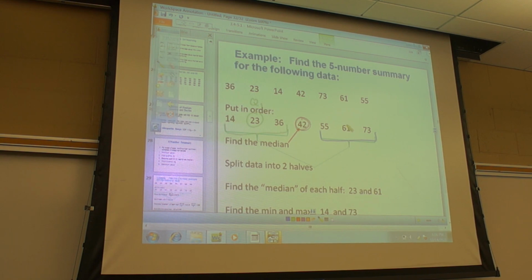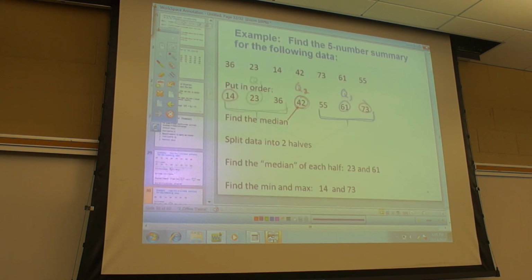My upper half, there's just one in the middle, that's my Q3. And this guy here is my Q2. And then again, I have my min and my max. So my 5-number summary here is going to be 14, comma, typically just separate them by a comma. My Q1 is 23, comma 42, comma 61, comma 73.